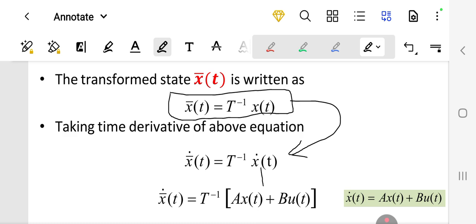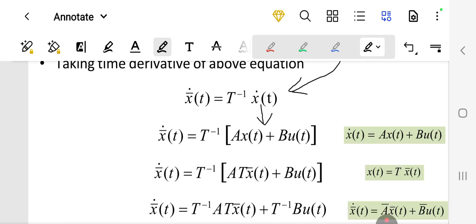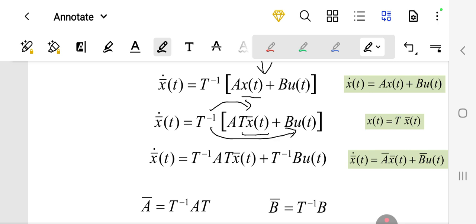We substitute x dot by Ax plus Bu. Then we substitute x by the transformation matrix T times x hat. Then we multiply T inverse inside the brackets. We obtain T inverse A T x hat plus T inverse B times u.